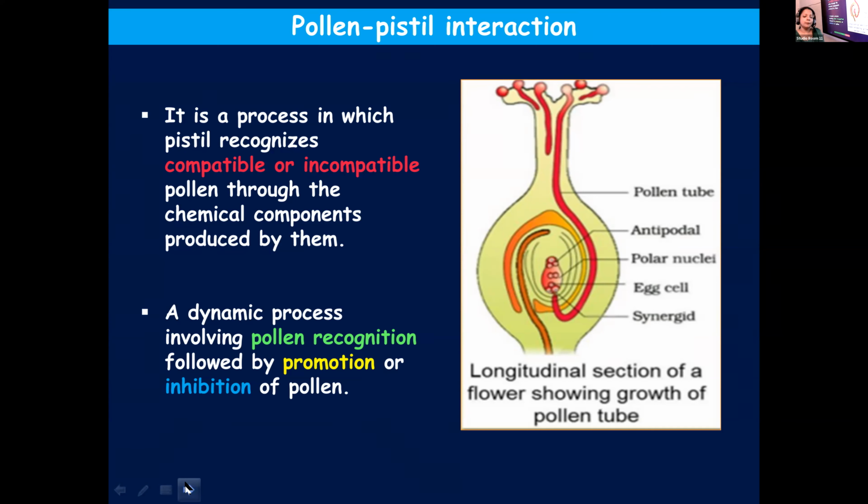Promotion means it will be allowed to germinate and form a pollen tube. Inhibition means it will be rejected; neither can it germinate nor form a pollen tube.